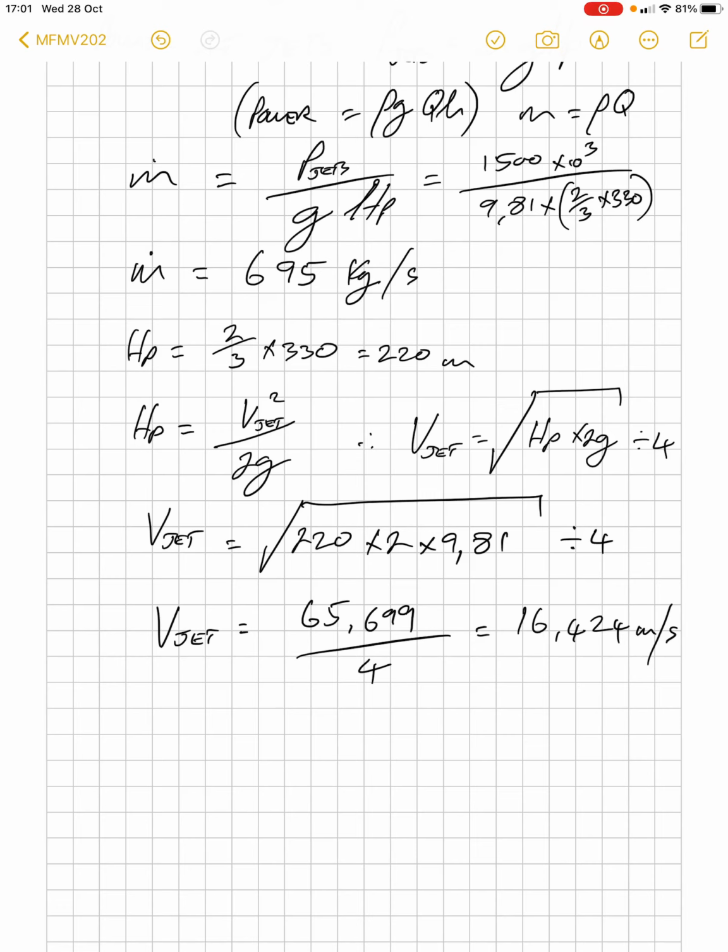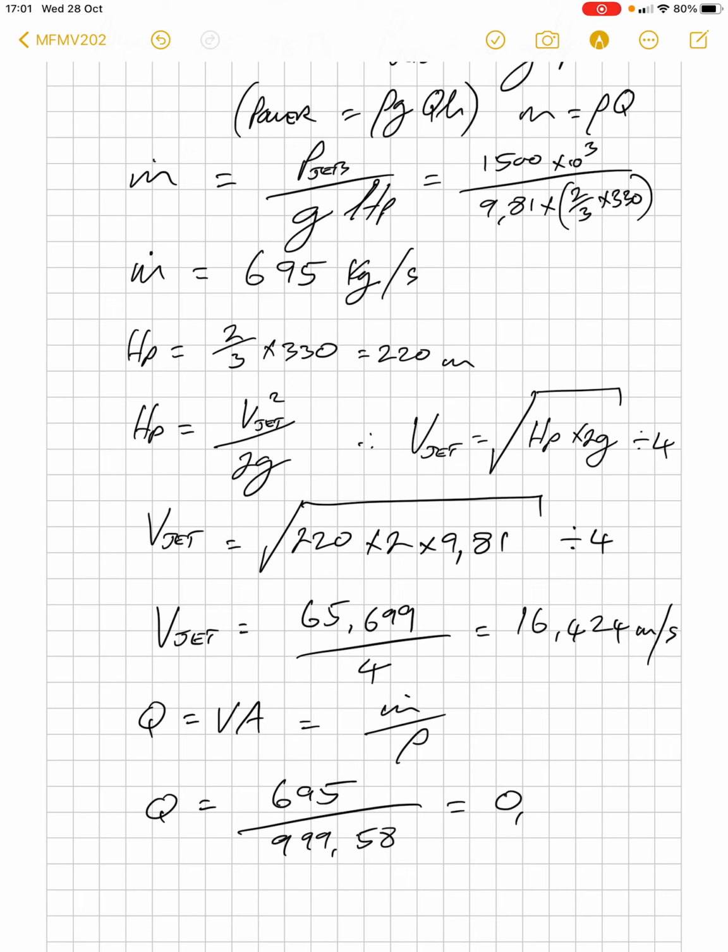Alright, we also know that Q is equal to VA, and that's also equal to our mass flow rate over rho. So therefore, we can say Q is equal to 695, the mass flow rate, divided by density of water, 999.58, and that gives us a discharge of 0.695 cubic meters per second.